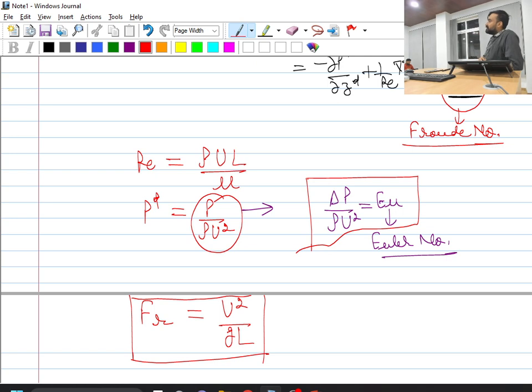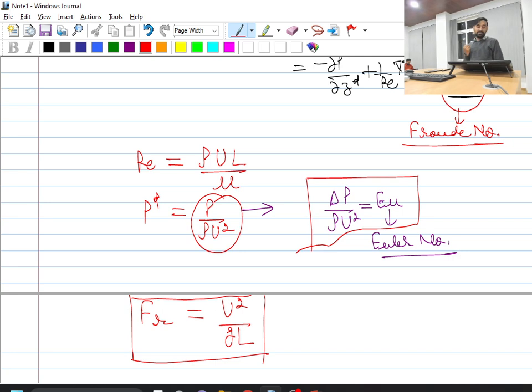So density and viscosity were the fundamental fluid properties which were individually participating in the governing equations. These were now clubbed with the geometric parameter L, the reference length scale, and the flow parameter, velocity u. So we have now clubbed together geometric parameters, flow parameters, and fluid properties, and this combination has given us the dimensionless form of Navier-Stokes equations.